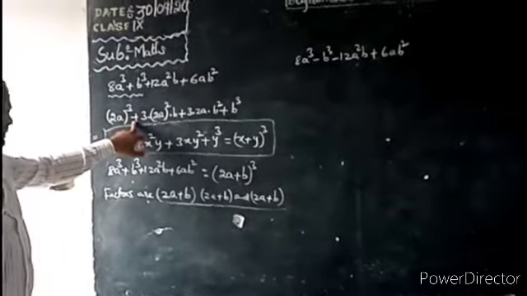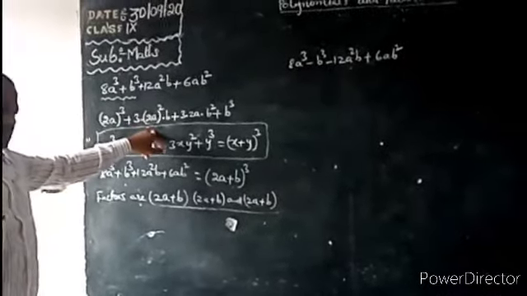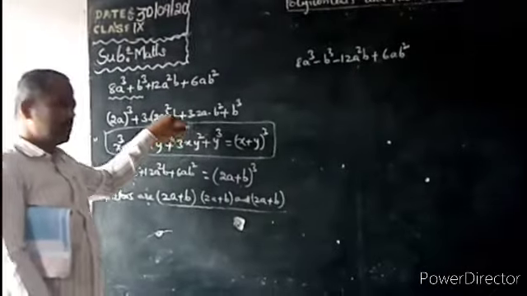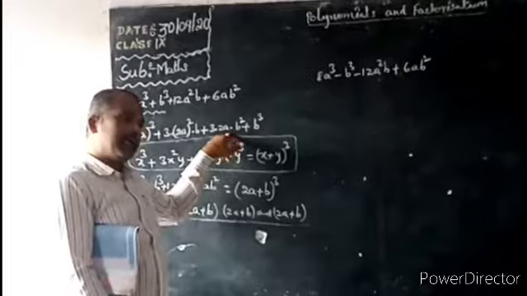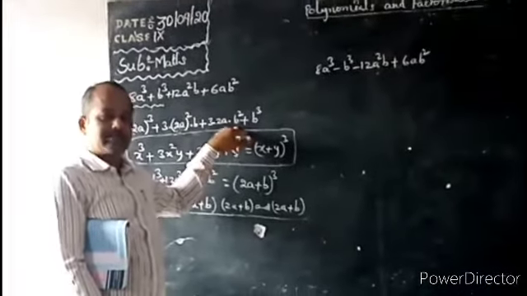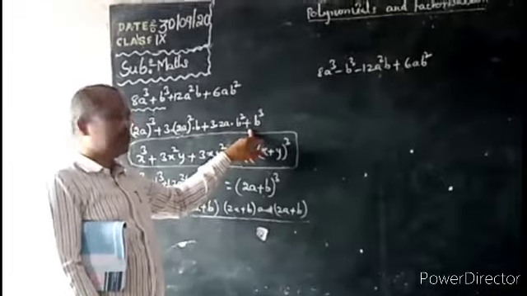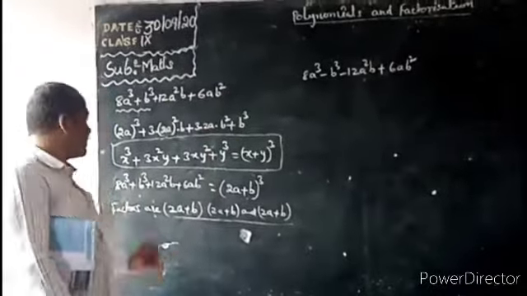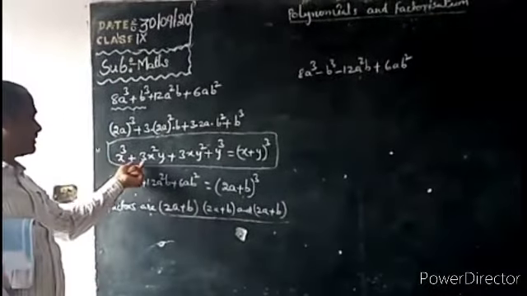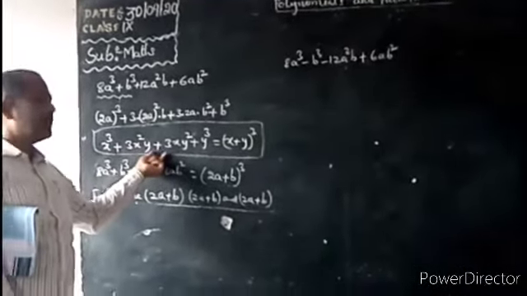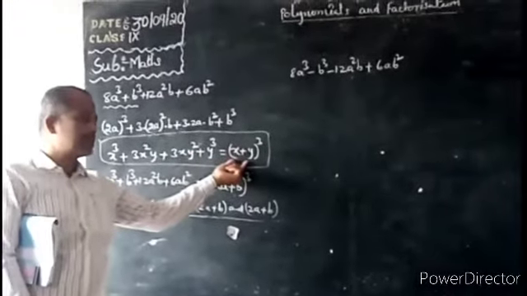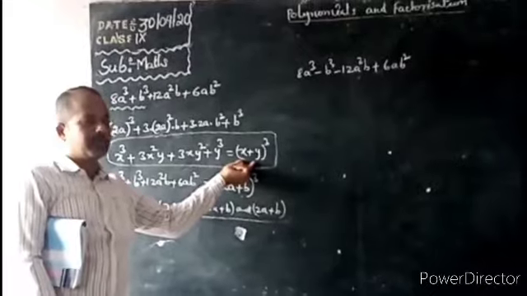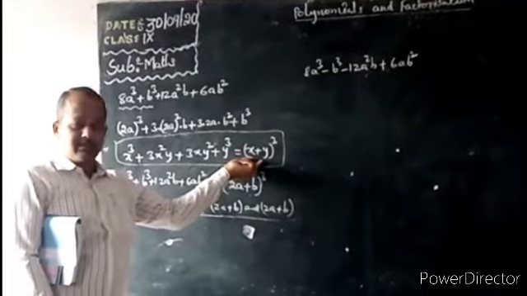Minus 3 into 2a whole square into b plus 3 into 2a into b square minus b cube. So this is in the form of x cube minus 3x square y plus 3x y square minus y cube, which is equal to x minus y whole cube.